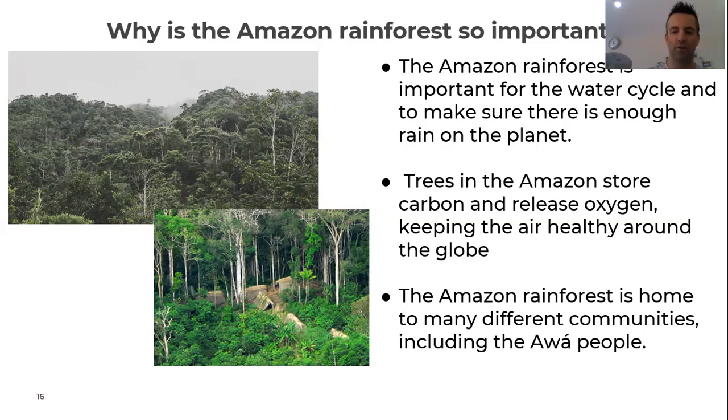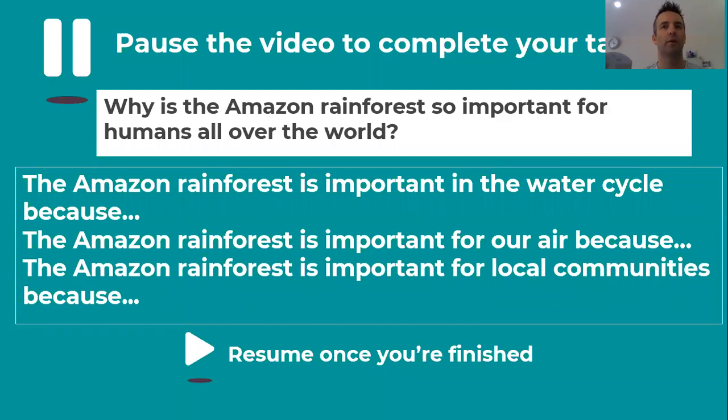Okay, so I've got a challenge for you now. And you can just say these if you wish, or you can write them down. So why is the Amazon rainforest so important for humans all over the world?